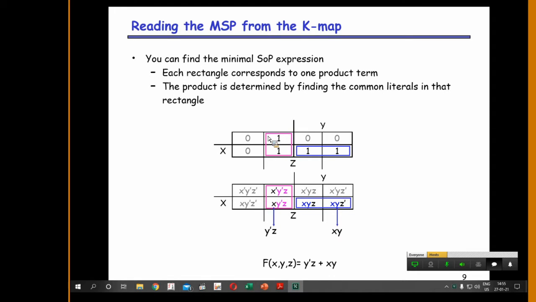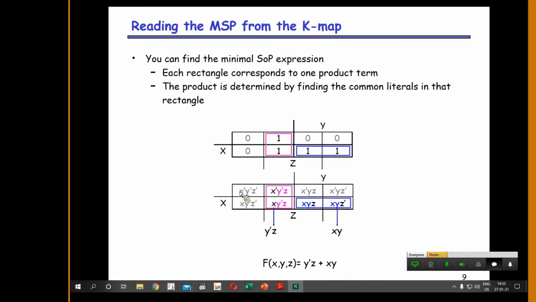So in order to minimize your given minterms into a minimal expression, we have to check for binary cell adjacency. Adjacency is when binary cells have a difference of one variable or one literal.